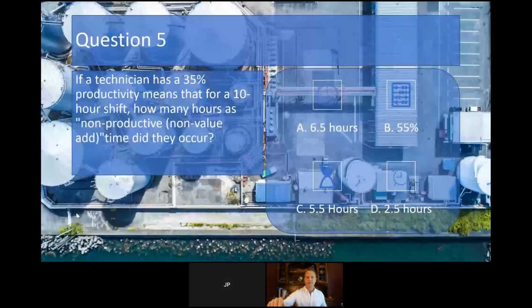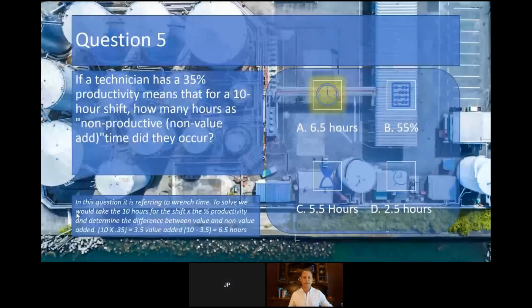It is A. It is meant to possibly confuse people on what is productive time versus non-productive time, and then the difference between 35% and 65%. Equate that to hours, and you've got 6.5 hours. And B was meant to be again a bit of a distractor because it's asking for hours.